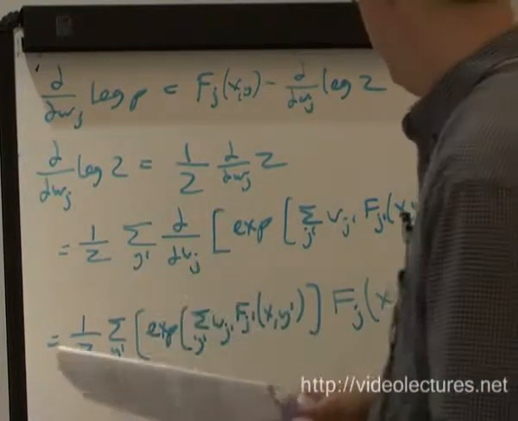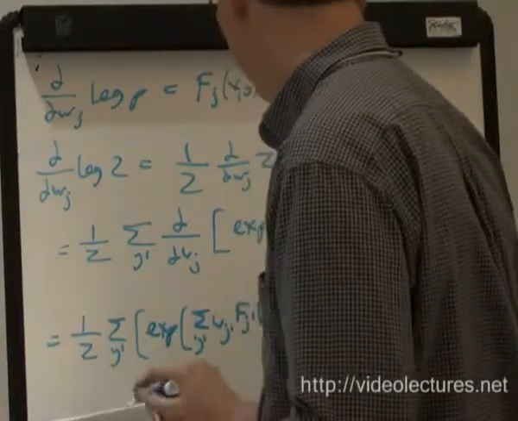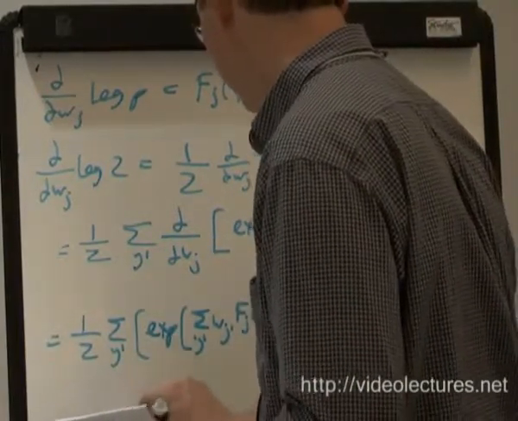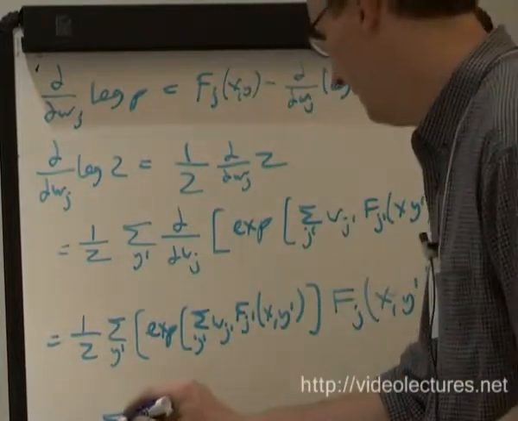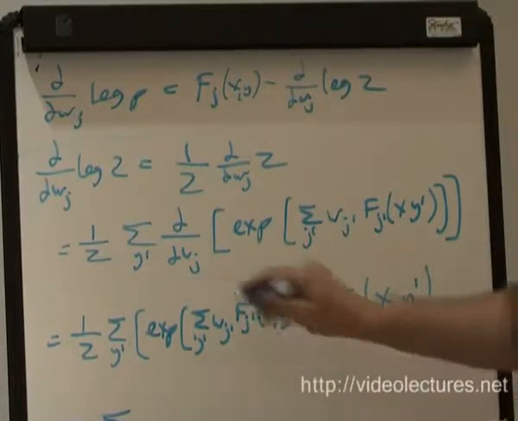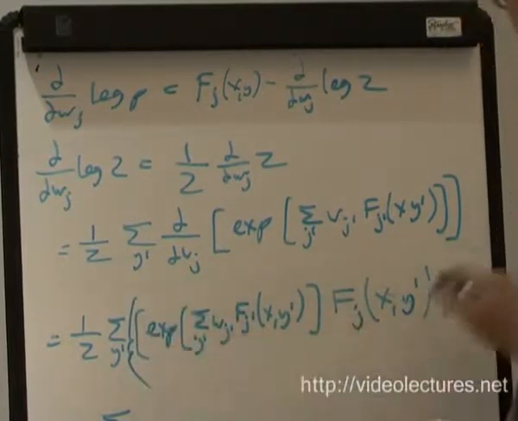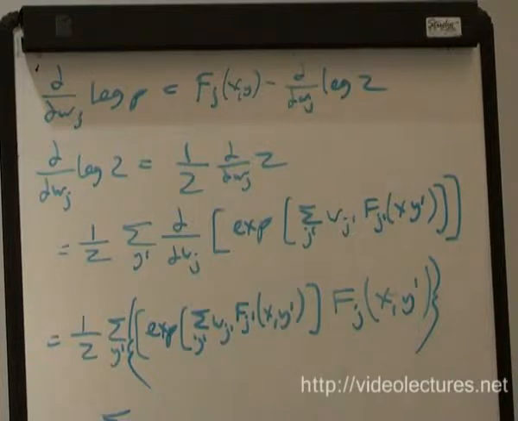So I'm going to write it like this, sum over y prime, and so the parentheses here are like this.